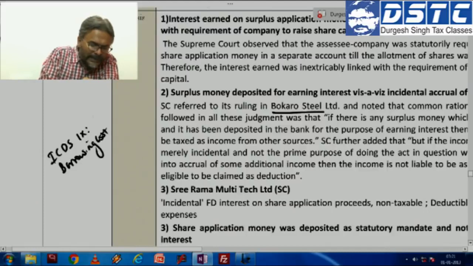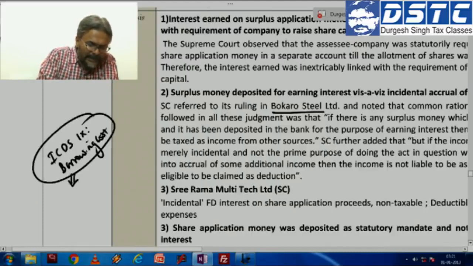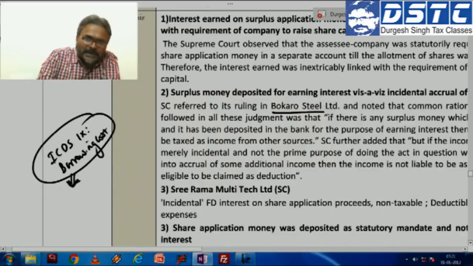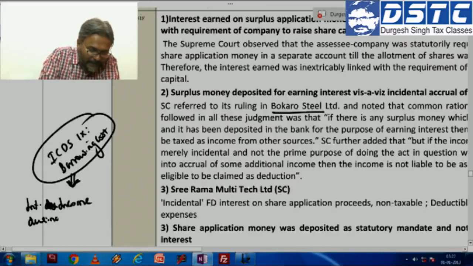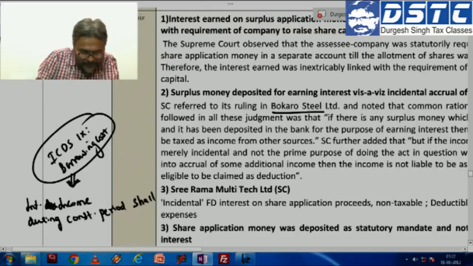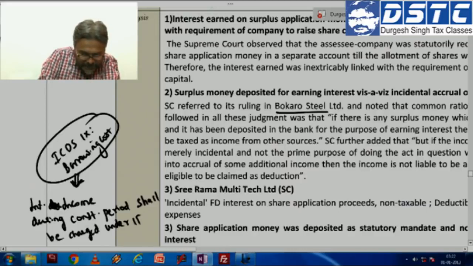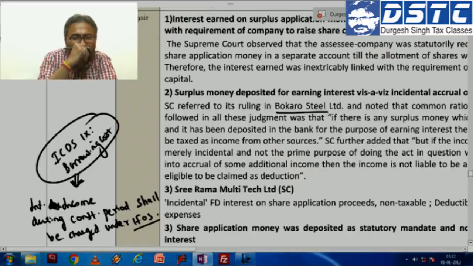In ICDS 9 on borrowing cost, they have clearly said that interest income during the construction period shall be charged under which head? Shall be charged under IFOS. So this shall be charged under the head IFOS.